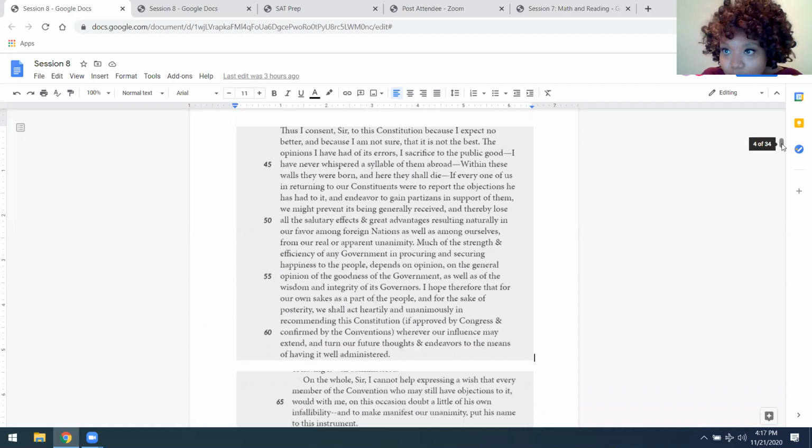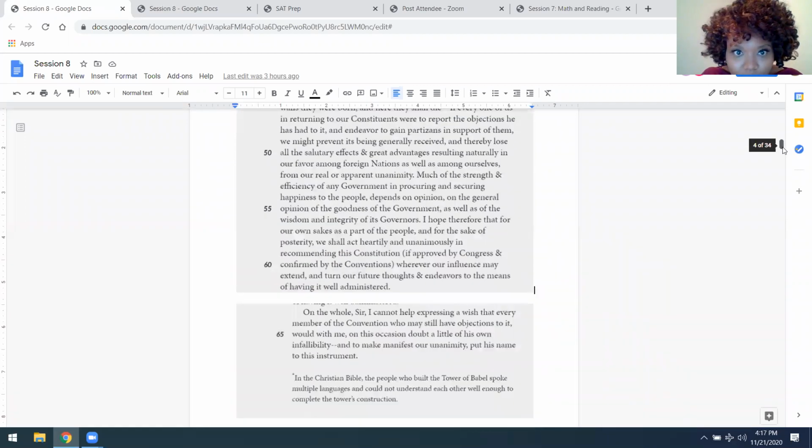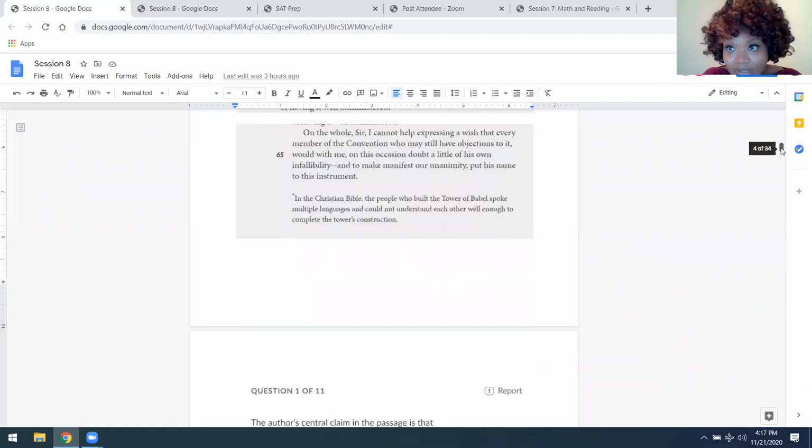Another one is the last paragraph. I don't know if you guys remember when I said if you run out of time, try to skim it very quickly and read the first paragraph and last paragraph.